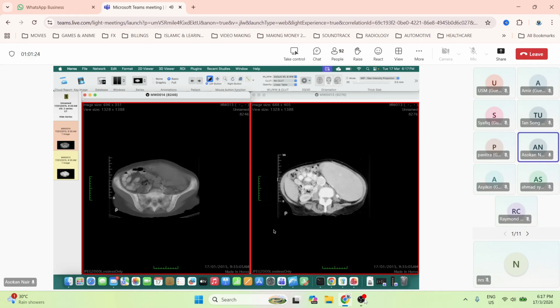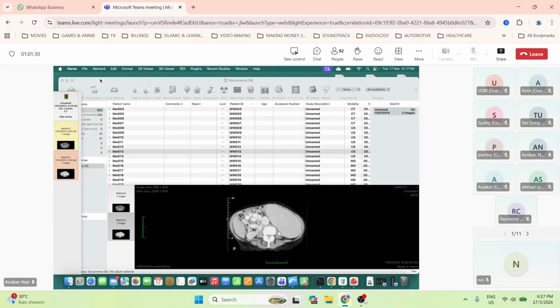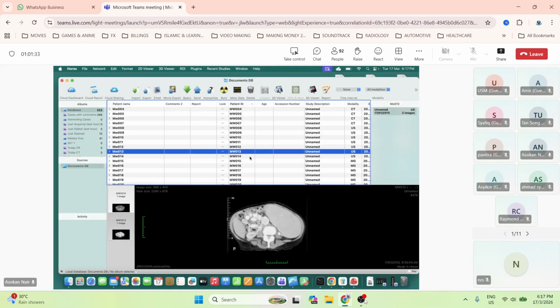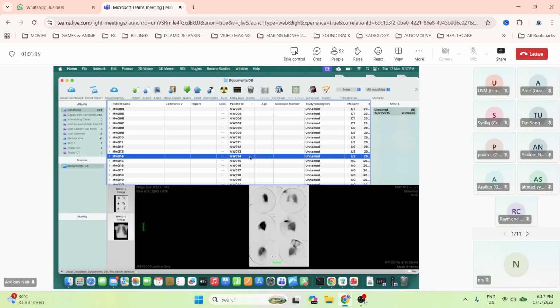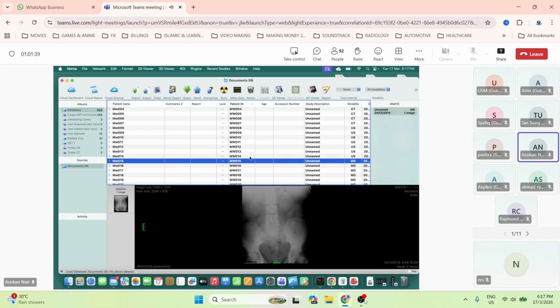Okay, let's go on to the next case. It's the BQ scan, which is hardly done nowadays, so we can skip that. I don't know what this is.